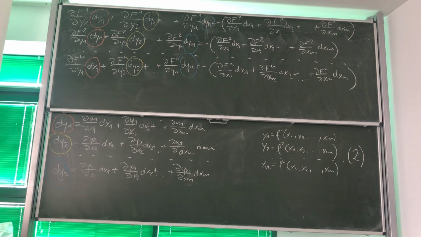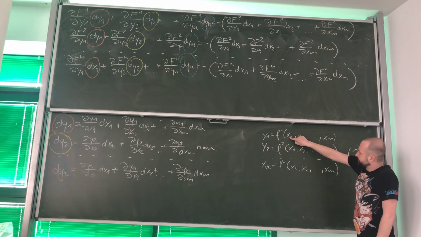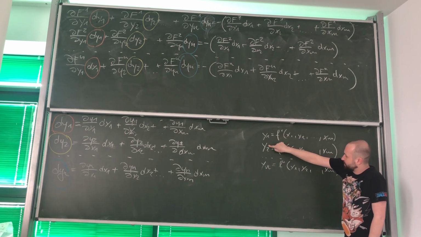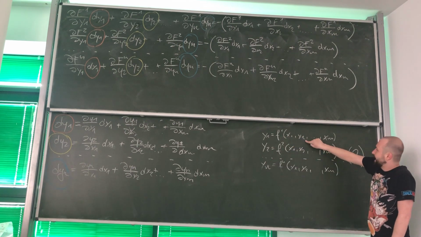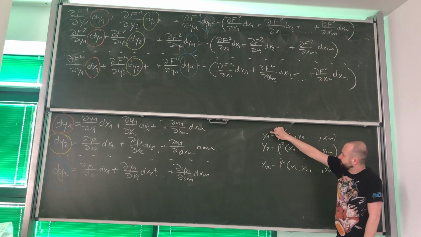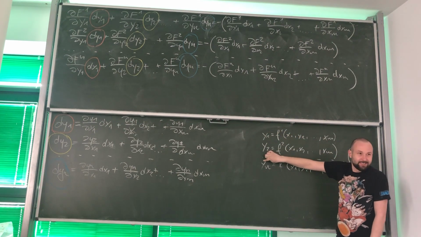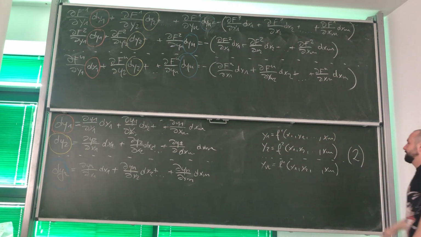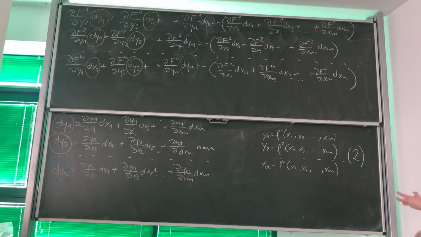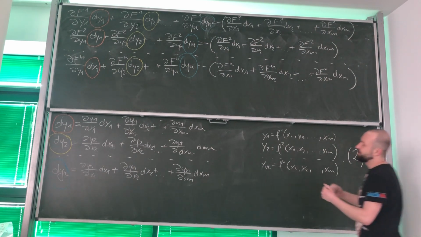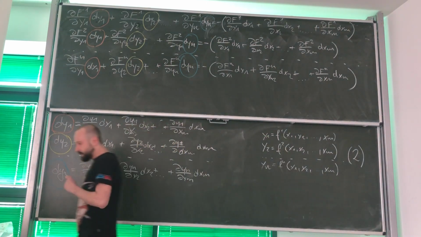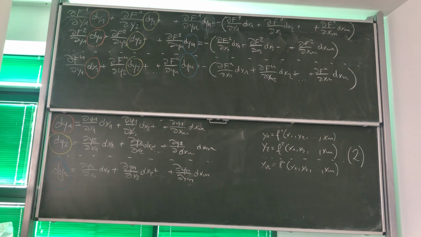I want to know how x1 influences y1, y2 until yn, how x2 influences y1, y2 until yn, and so forth. However, if I would like to get this information all at once, it would be, as we said, very, very complicated. However, we can do it step by step.